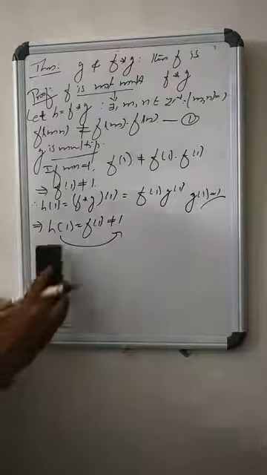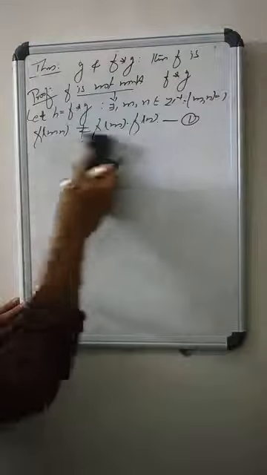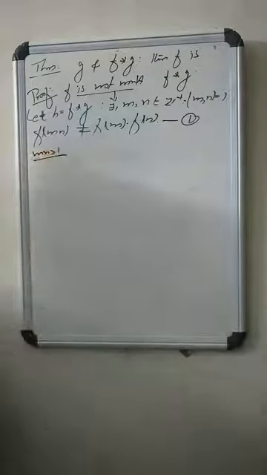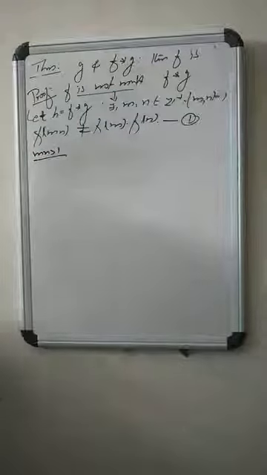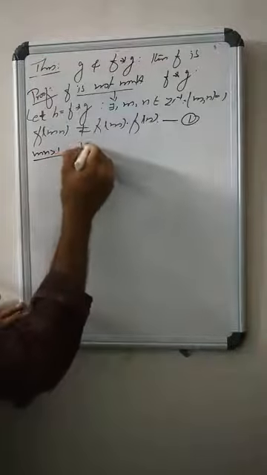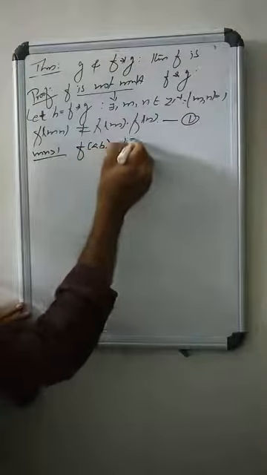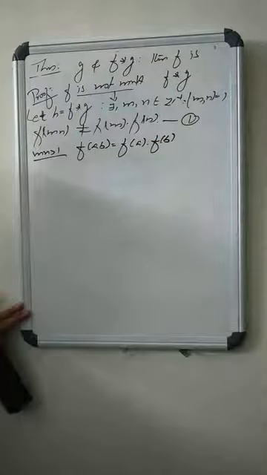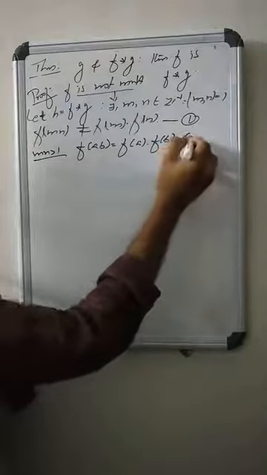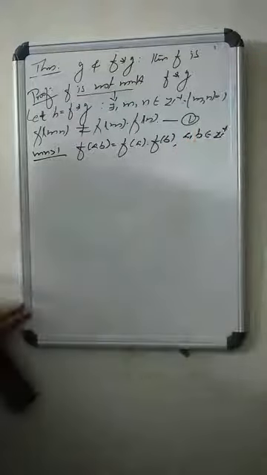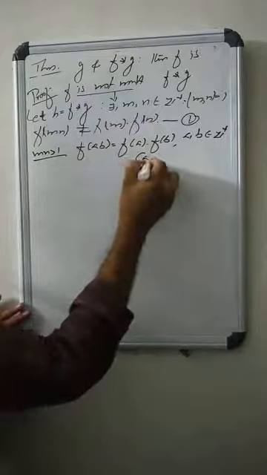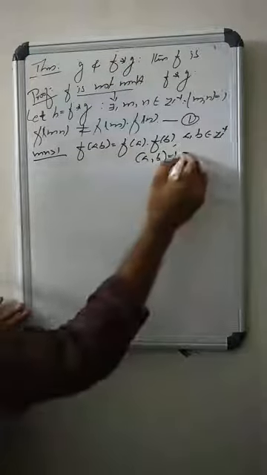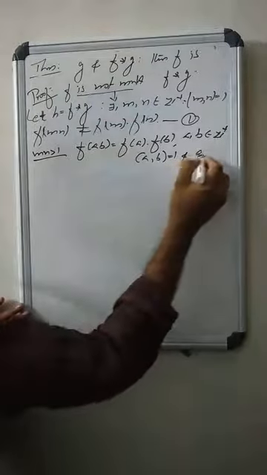Agree? Now come to the next case. Suppose mn is greater than 1. What happens? For mn greater than 1, we have f of ab equals f of a times f of b for all positive integers a and b that are relatively prime to each other, with ab strictly less than mn.